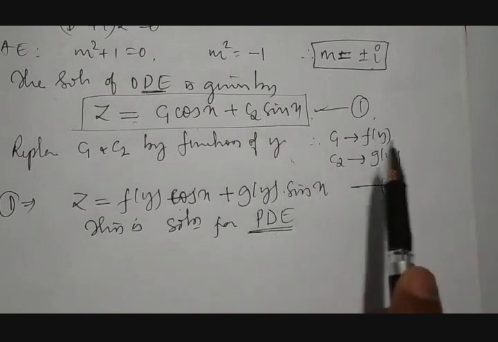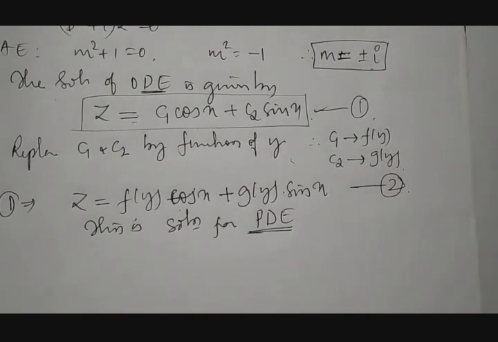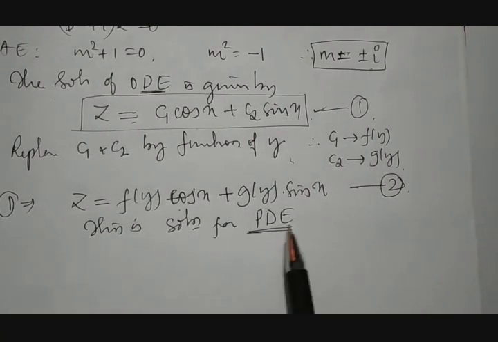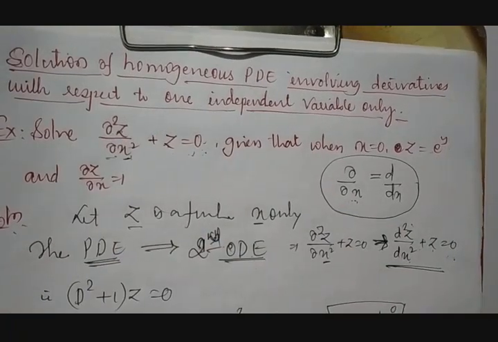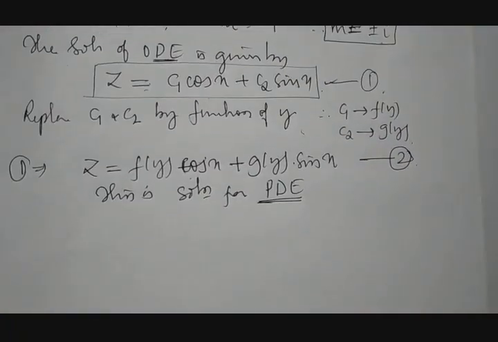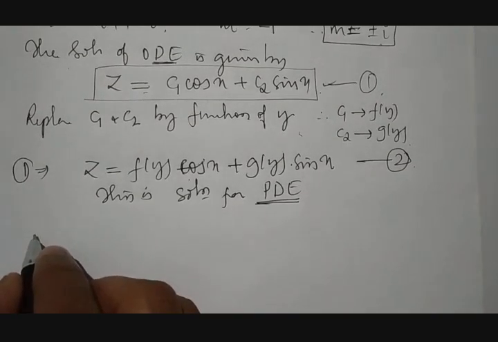Then that result is modified after replacing C1 and C2 by functions. Whatever we get, that is called the solution of the partial differential equation. But this is not just enough, because after that he has provided a few conditions also. If the conditions are not given, this will be the final result. But the conditions are given. Therefore, what to do?